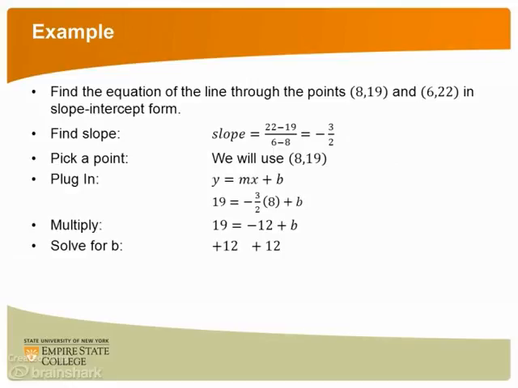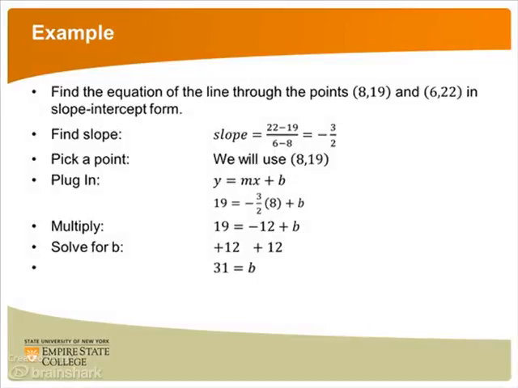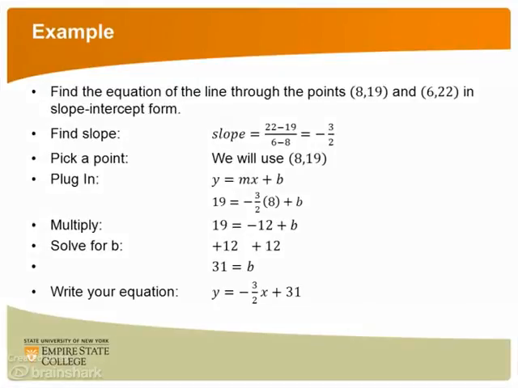To do so, we add 12 to both sides of the equation. This means that our value for b is 31. Since we want the equation of any point on our line, we plug the slope and y-intercept into m and b respectively. So our equation is y equals negative 3/2 x plus 31.